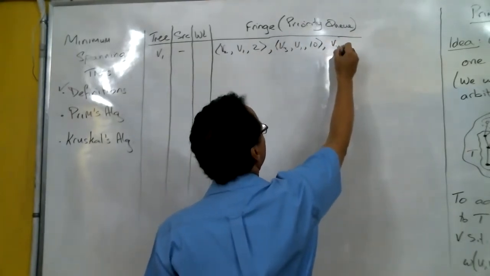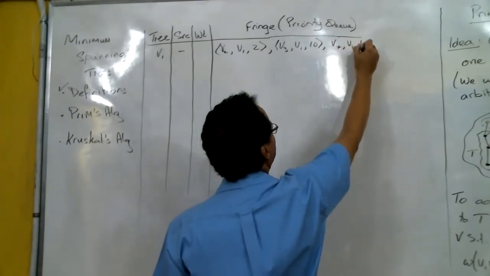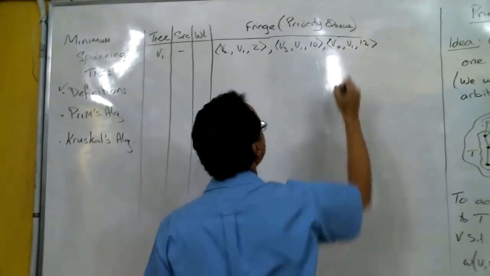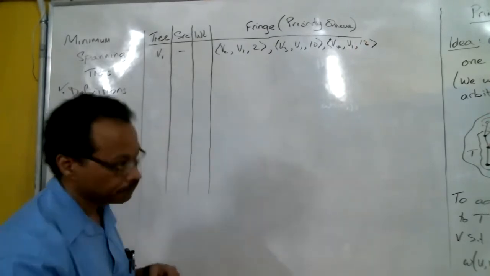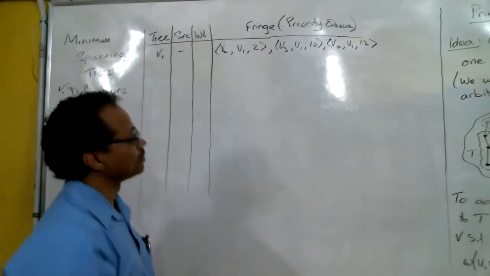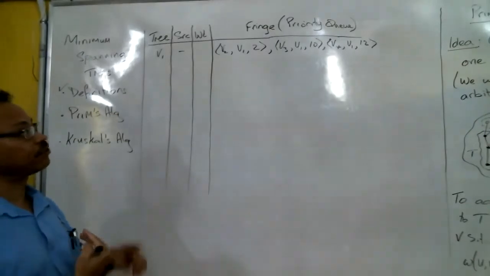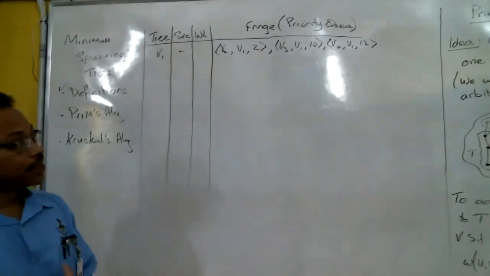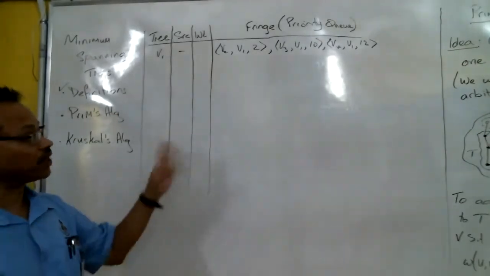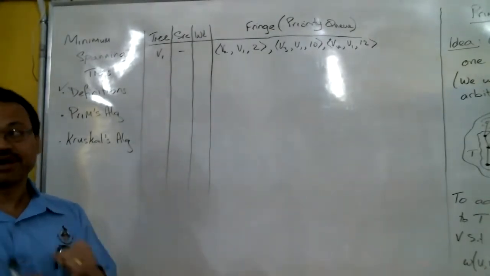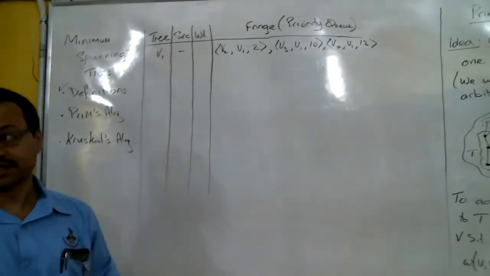And V4 from V1 with a weight of 12. So notice those 3 elements are in the priority queue right now, V2, 3, and 4. The associated information is where they're coming from, and the priority is the weight on the edge.